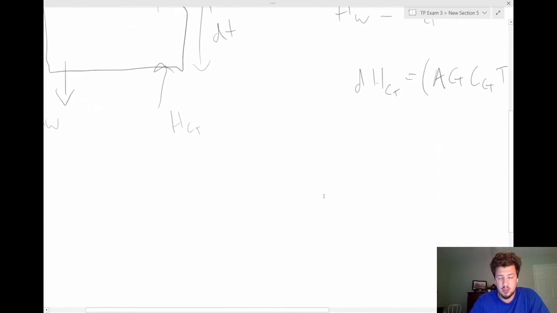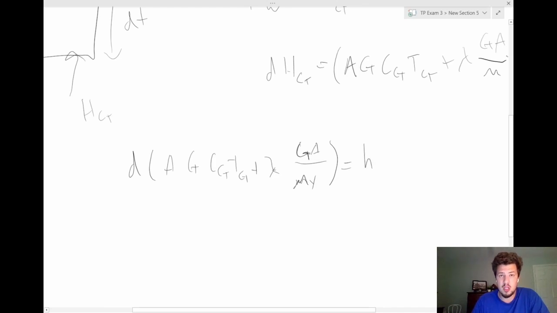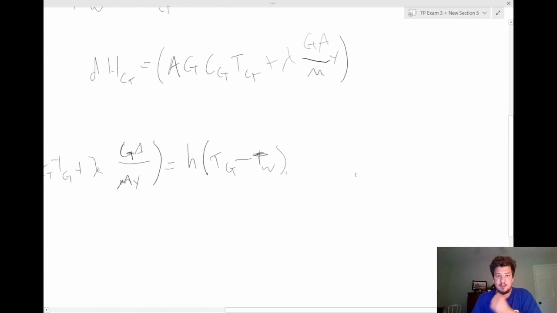So I'm going to write out the equation as the change in the enthalpy of the gas, which we had previously just seen, plus the heat of evaporation times the gas flow rate times cross-sectional area divided by the molecular weight times molar fraction, which is equal to the heat transfer, which will be the water in the liquid phase, times the temperature of the gas and the temperature of the water at the cross-sectional area and the cross-sectional volume, which we need to account for right here with the specific volume.